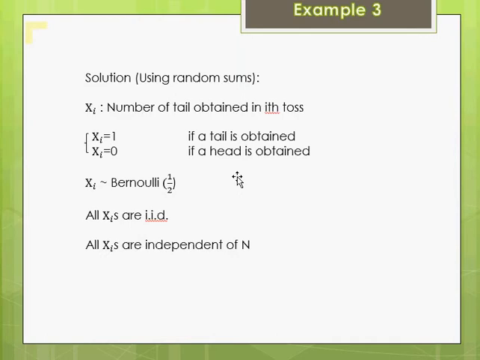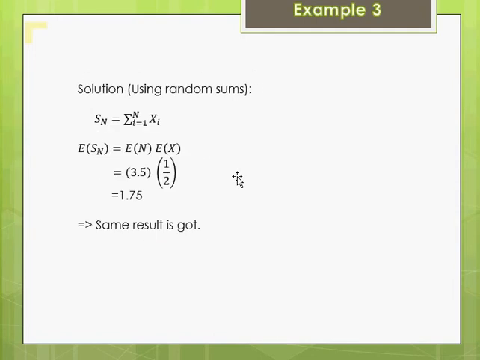All xi's are IID since each toss does not affect the next toss. All xi's are independent of N, as the distribution is the same no matter how many times we toss. With all the above satisfied, we can establish the random sum by N and the xi's from the formula. E of Sn is equal to the expectation of N times the expectation of x. We get the same result of 1.75.